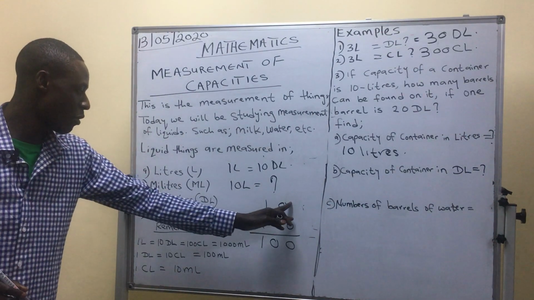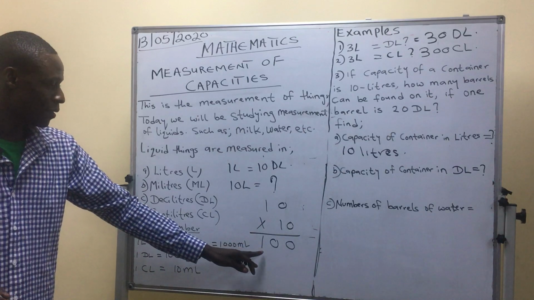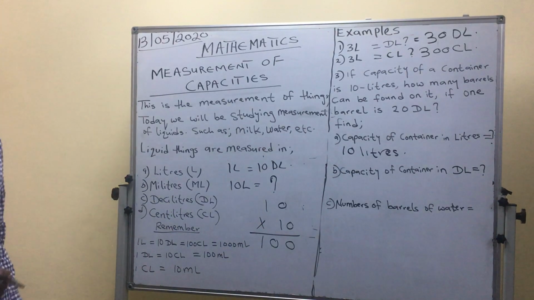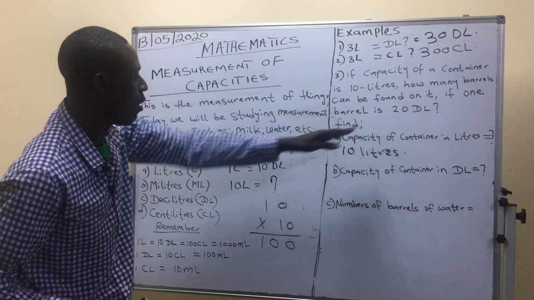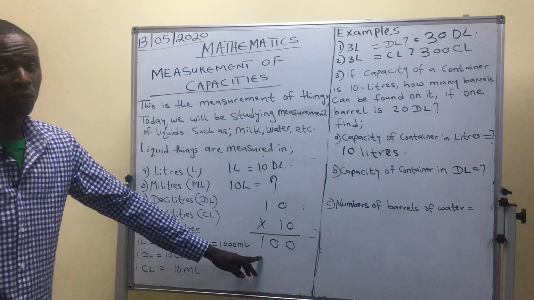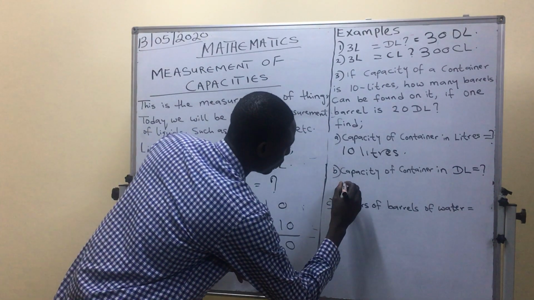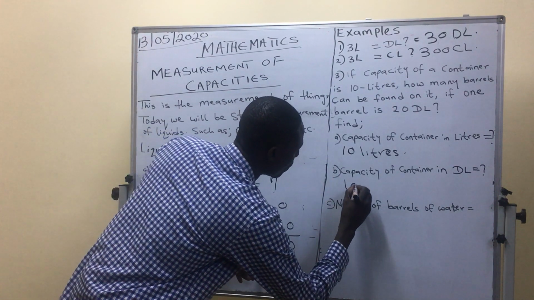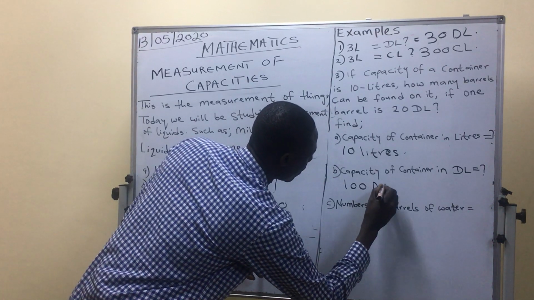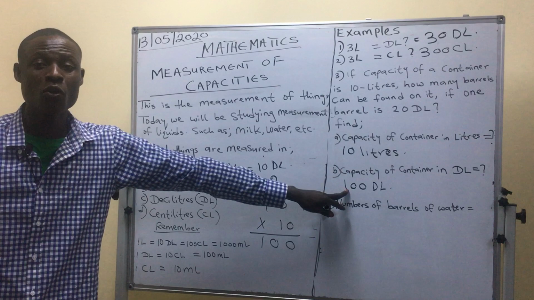It means the capacity of the container in deciliters will be equal to 100. So the capacity of the container in deciliters is equal to 100.